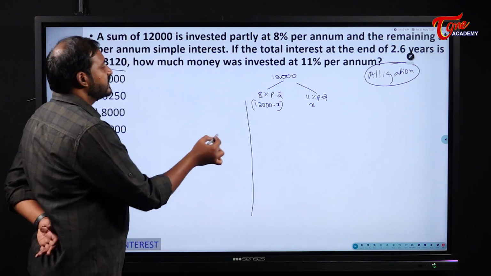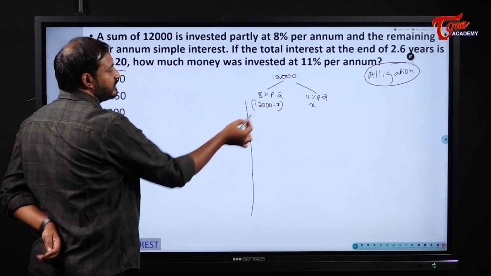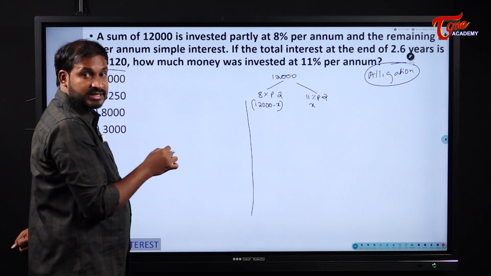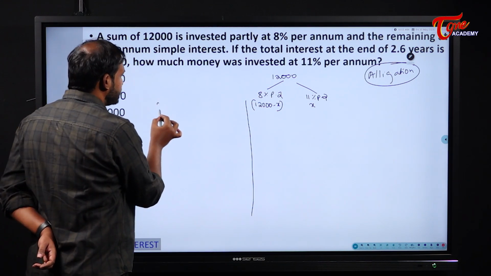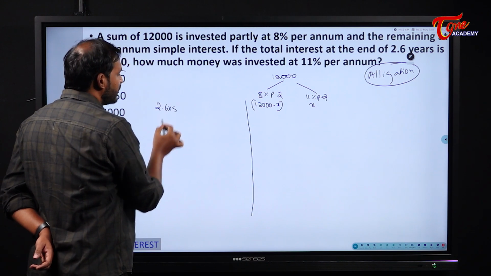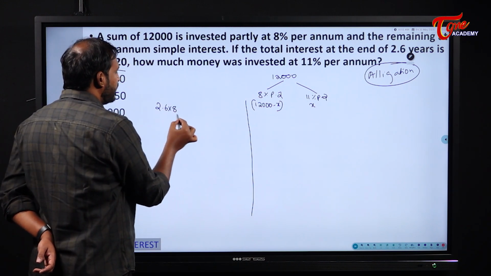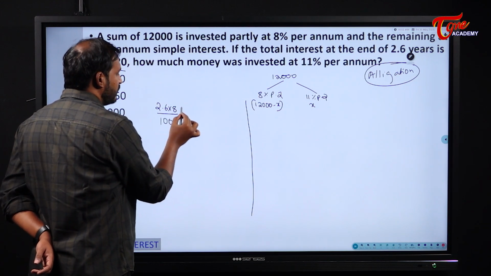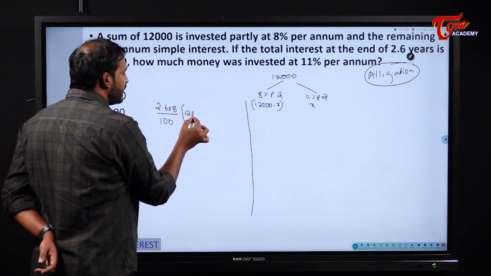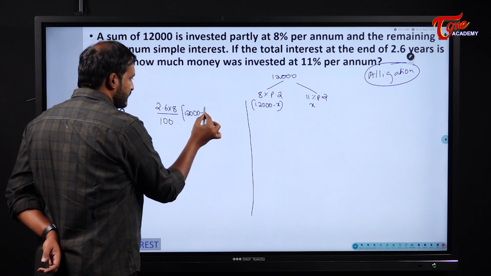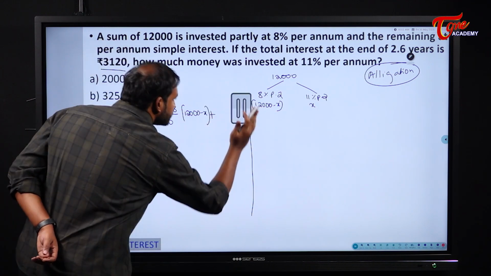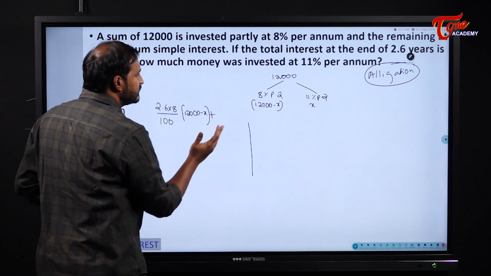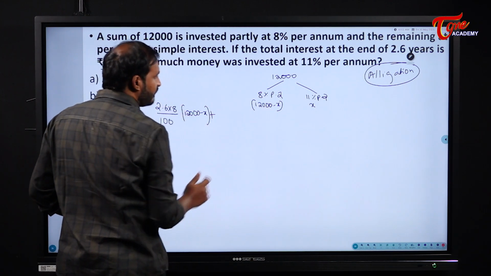Okay, now what is the interest earned on this one? Generally for 2.6 years, 2.6 into 8 by 100 percentage of what? 12,000 minus X, plus what you will do next? 11 percentage on X rupees.